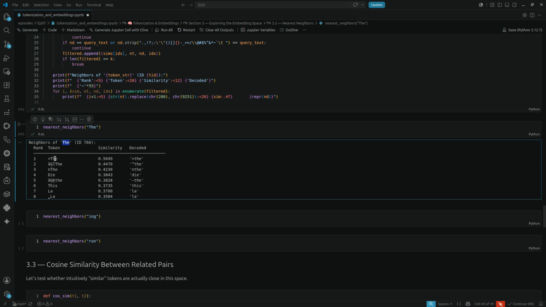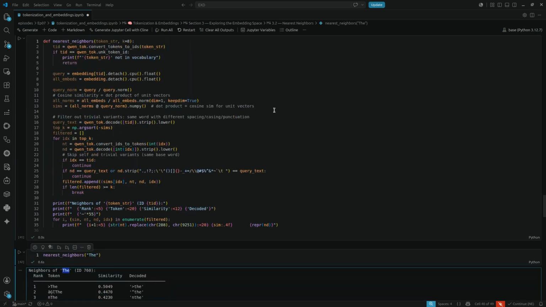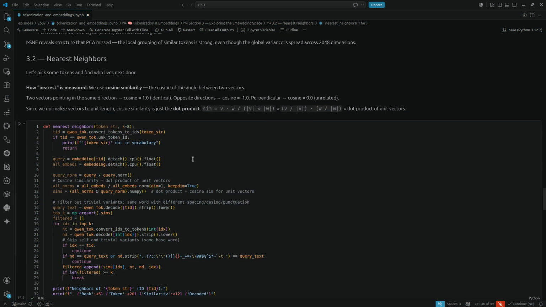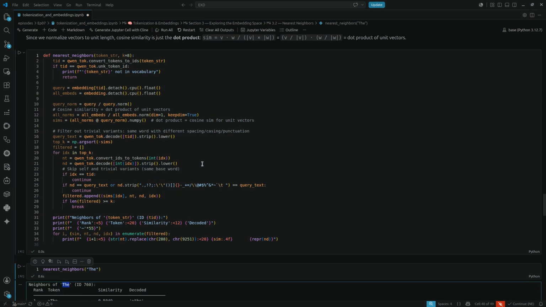Our algorithm found all the tokens from a sample which had a similarity to our input token. So neighbors, that's what we're doing. Nearest neighbors calls this function, and this is the token string.